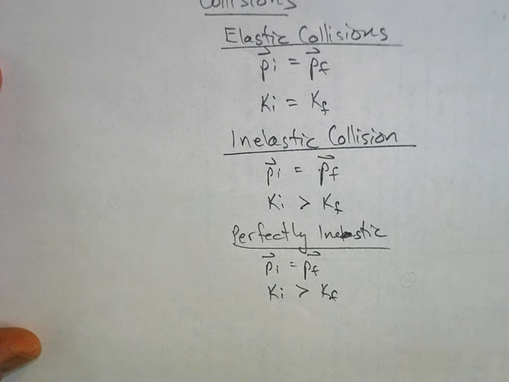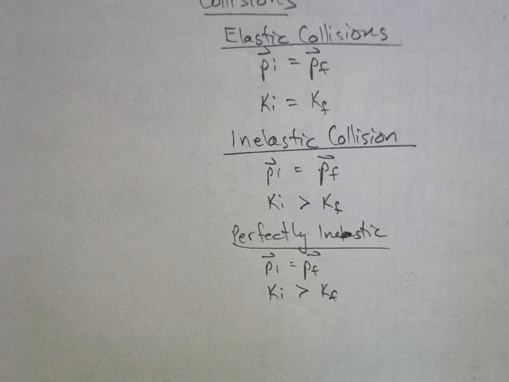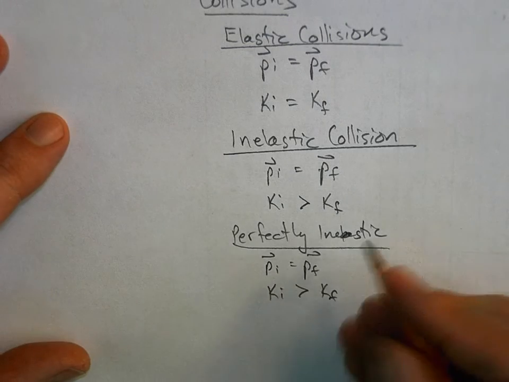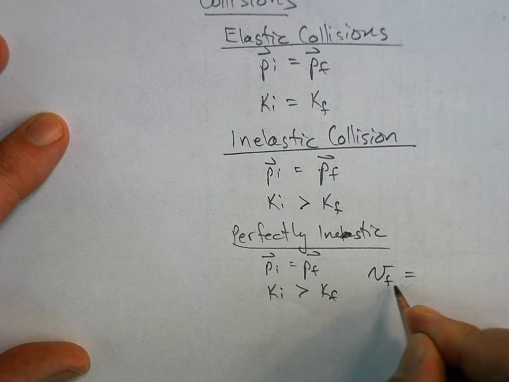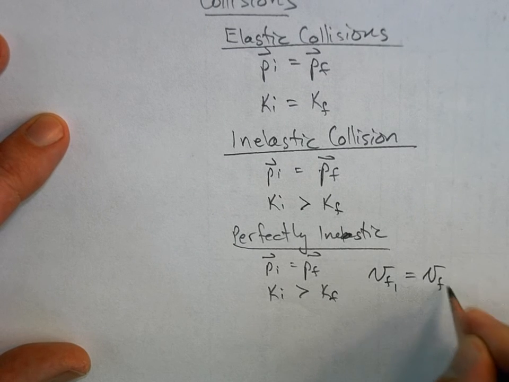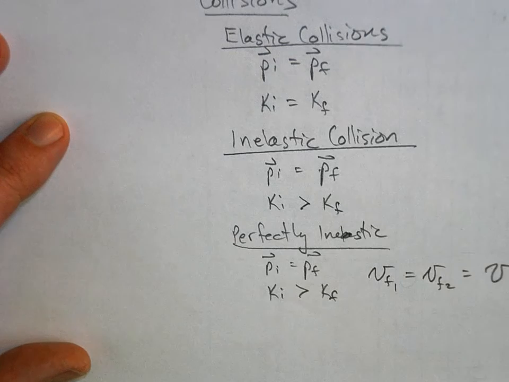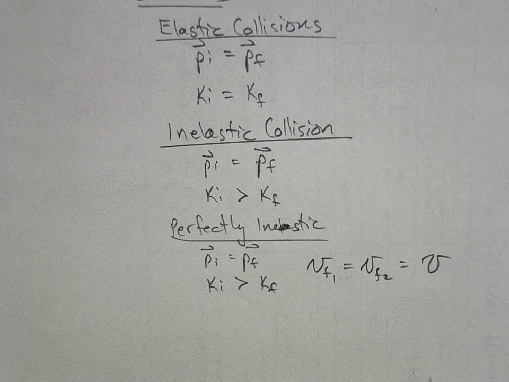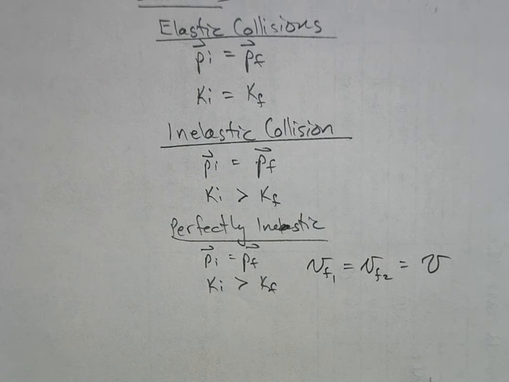That's still true, but the two objects stick together, so they come together and they stick together afterwards. So V final for 1 equals the V final for 2 equals just some common final velocity. When they stick together, they have lost the maximum possible amount of kinetic energy.